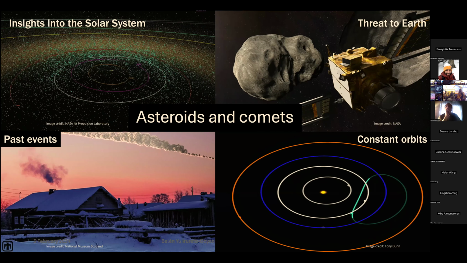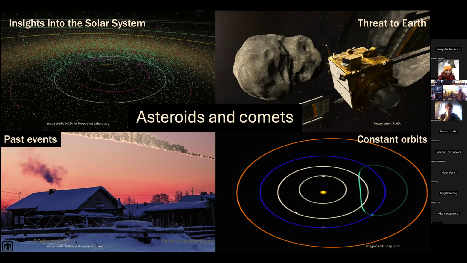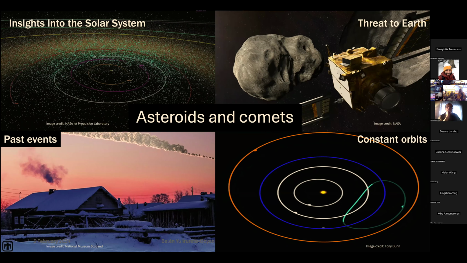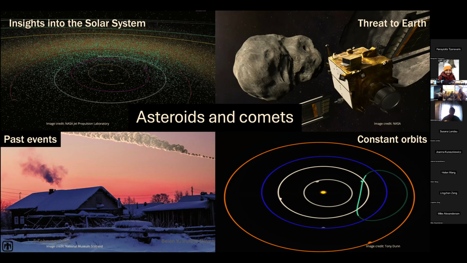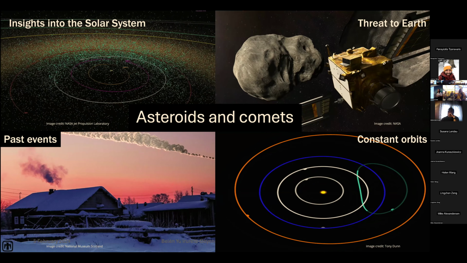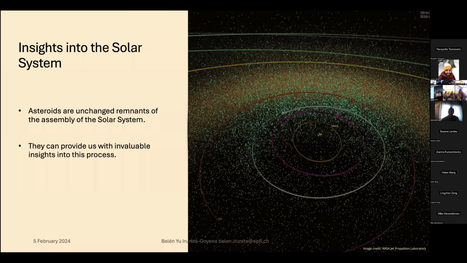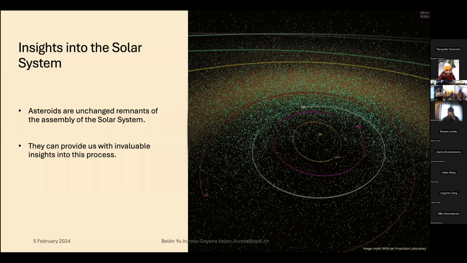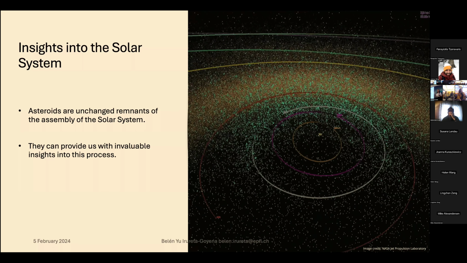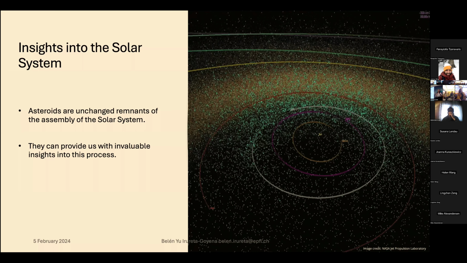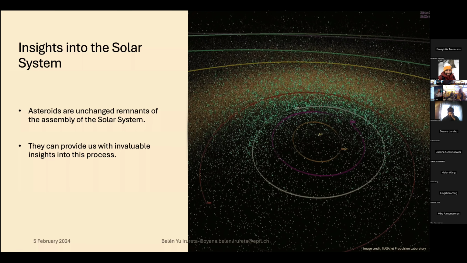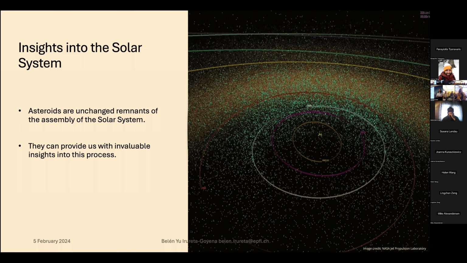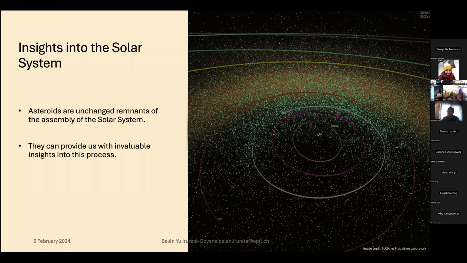So why do we care about asteroids and comets? And here I'm going to be focusing more on asteroids, which have remained almost unchanged for the past 4.6 billion years, so since the assembly of the solar system. This means that by learning more about these objects, we can get very important insights into this assembly process.